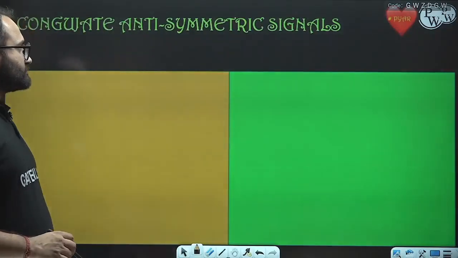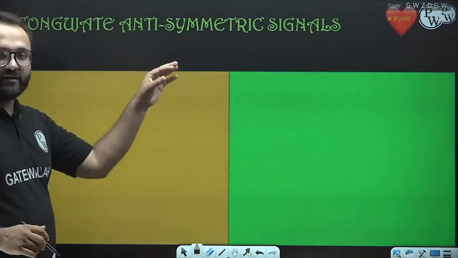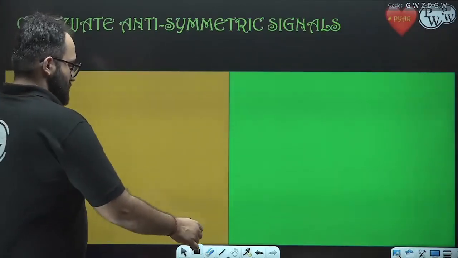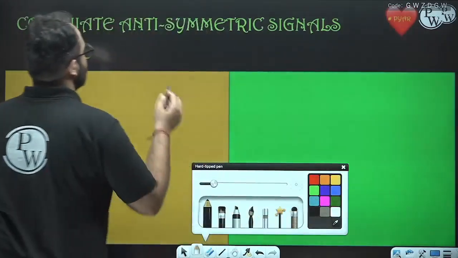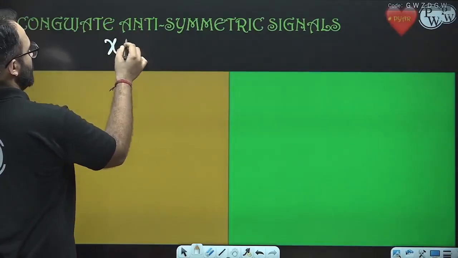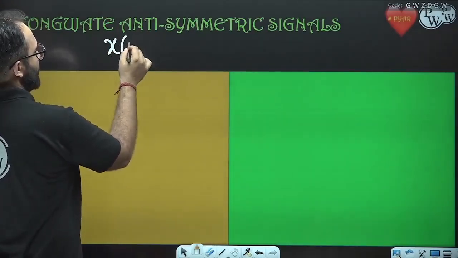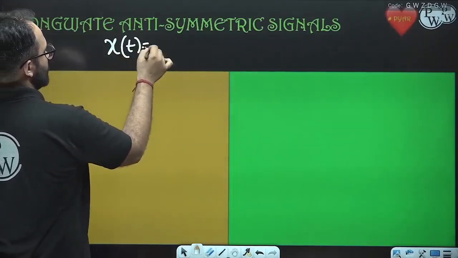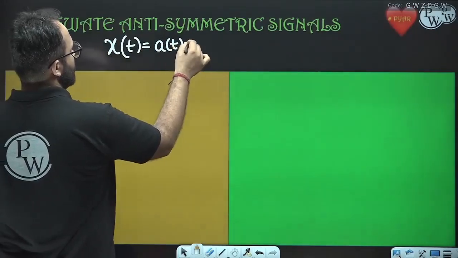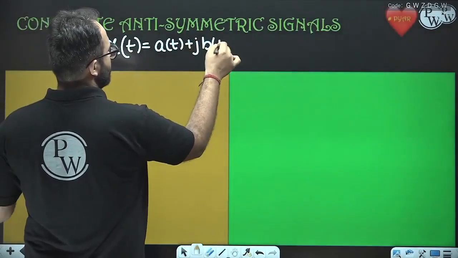Great. Now for conjugate anti-symmetric signals, let us look at the magnitude. So x of t is equal to a of t plus j b of t.